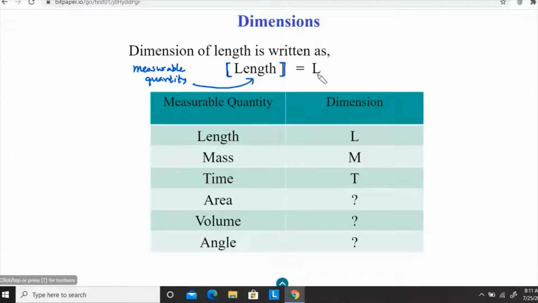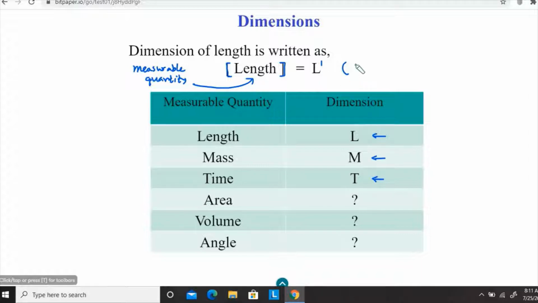If it's length, then the symbol is L. If it's mass, then the symbol is M. If it's time, then the symbol for that dimension is T. And always remember the exponent. Here there's an exponent, and that is also important.